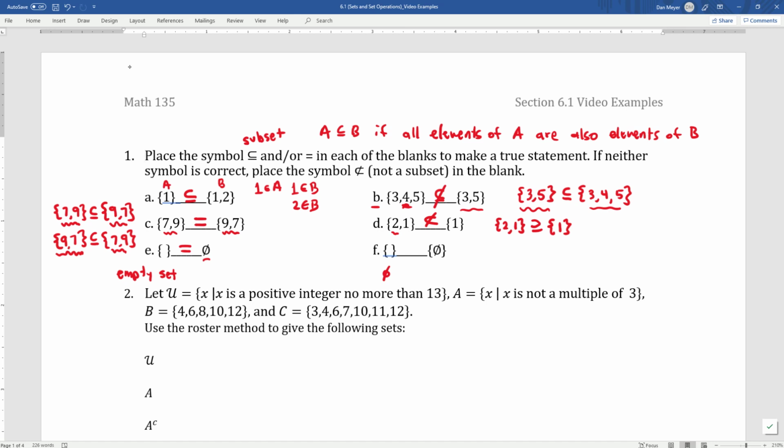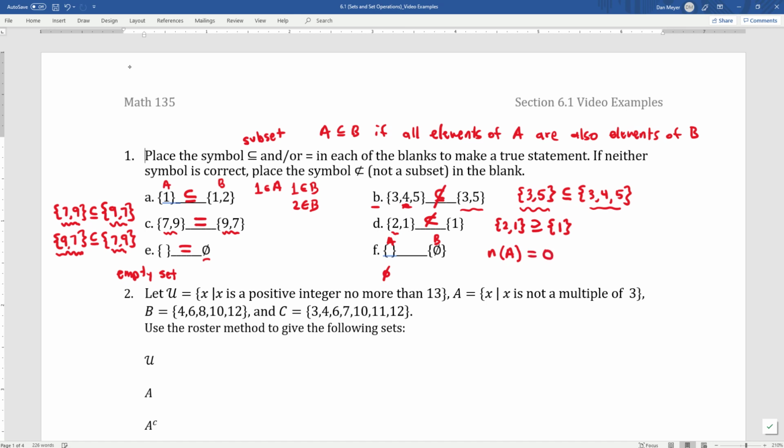One of the things that we can notice here is that the number of things, if I call this set A and this set B, in set A, if you want to brush up on your notation involving cardinalities, the number of things in A is the empty set. It has no elements.